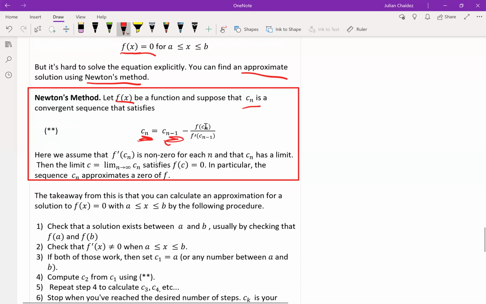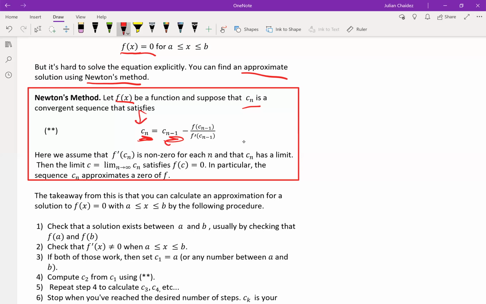Sorry, this should be C sub n minus 1. I made that mistake on the last talk too. So I can define Cn in terms of Cn minus 1 and f and f prime at the entry Cn minus 1.